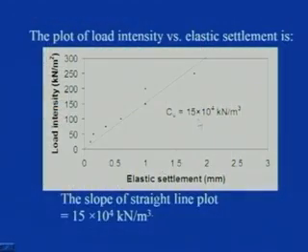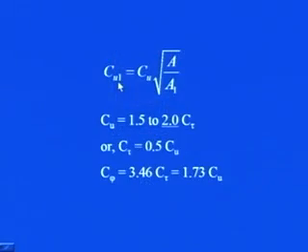So, we have to convert this value of Cu which is for the plate to the corresponding value of the foundation, so that we can use this data confidently as far as analysis of the foundation is concerned. How can we do that? You know that we discussed last time these formulas, that Cu1 is the spring constant correspondingly for the foundation.